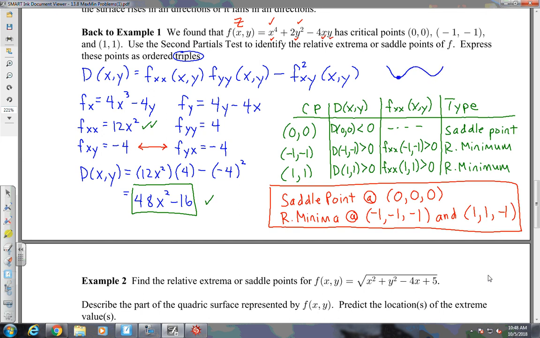So here would be our 2 minima. This guy would be a saddle point. Notice it's a maximum in this direction, so we would have another part of the surface looking front and back going like so, okay? So imagine your minimums this direction, minimums this direction. This one would be a saddle point because it's a minimum this direction, maximum that direction. So you have this hilly, interesting spot in the middle of your terrain.